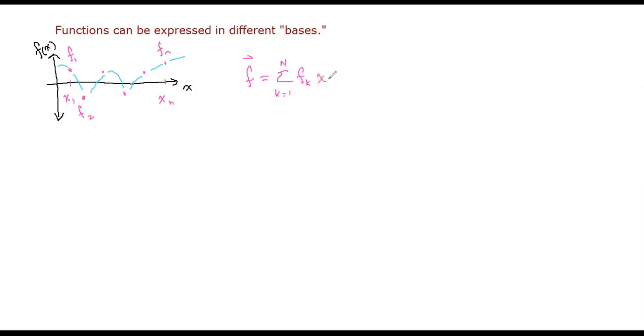And I'll call this x hat k, equal to this sort of goofy looking thing that has a whole bunch of zeros until we get to the kth element, and then it's got a 1.